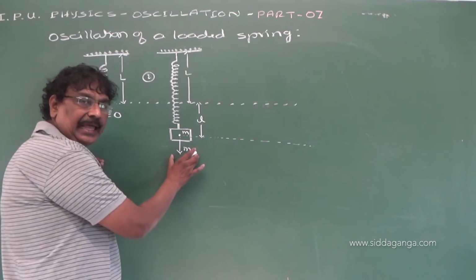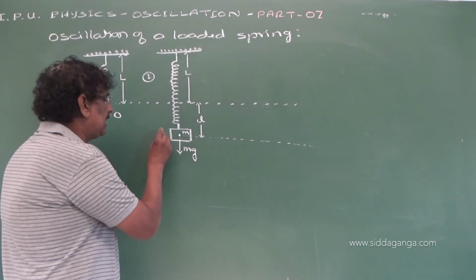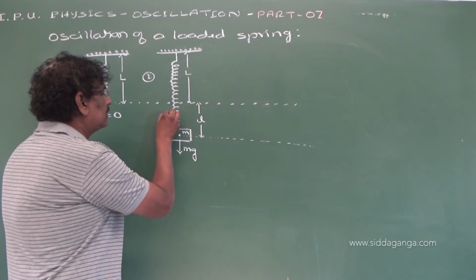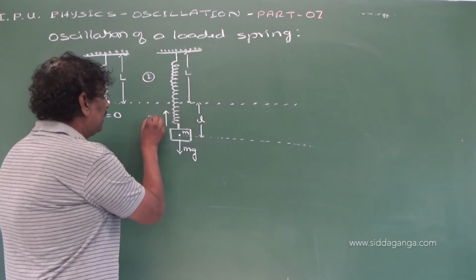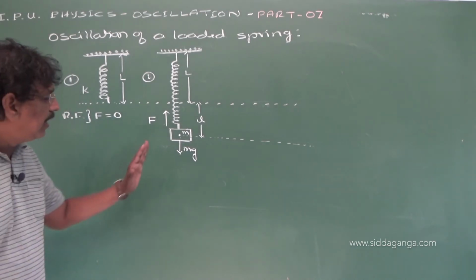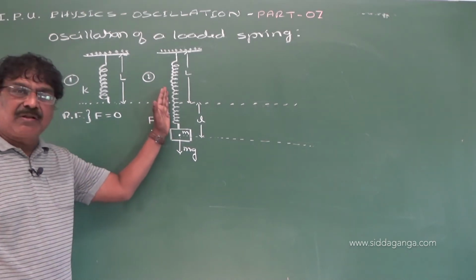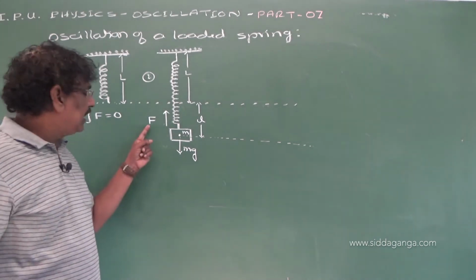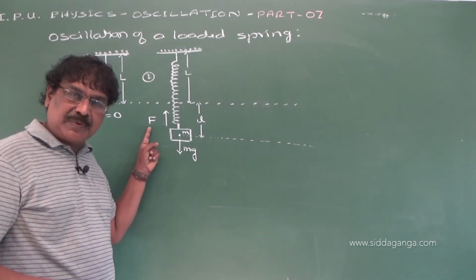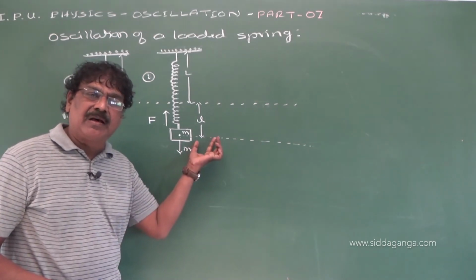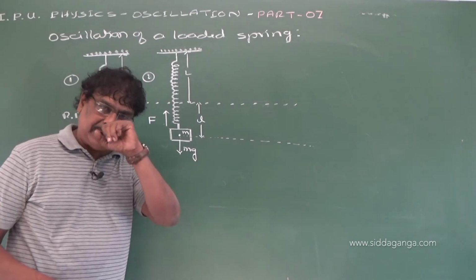Whenever a displacing force is acting on the body, a restoring force is developed in the spring, and that restoring force F acts in the opposite direction of this force, right? So now we know that this restoring force developed in the spring is directly proportional to the displacement or extension produced in the spring, right?